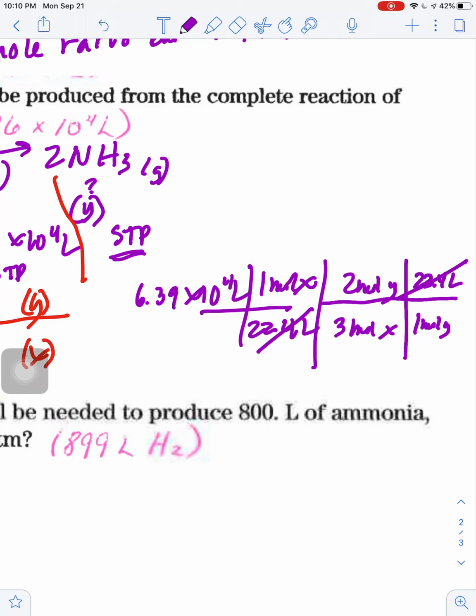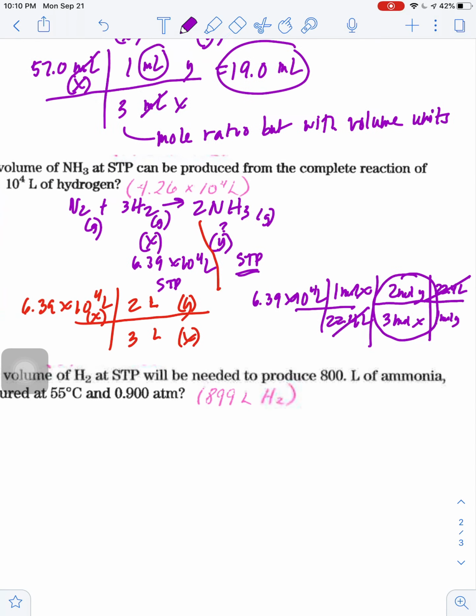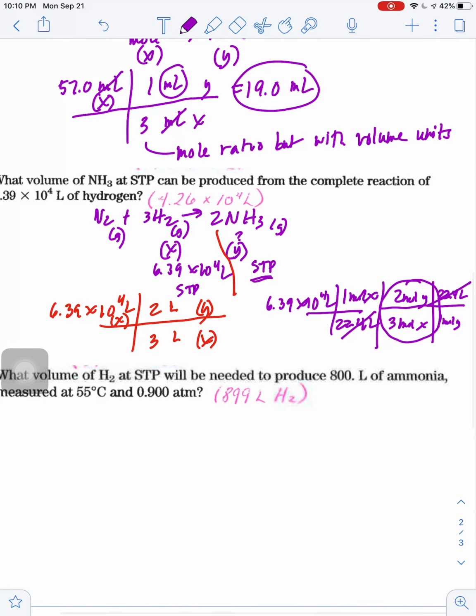And this conversion factor would cancel this conversion factor, so all I really need to use is the middle one. To save time, we're just using the middle one, switching the units so that they make sense and cancel.